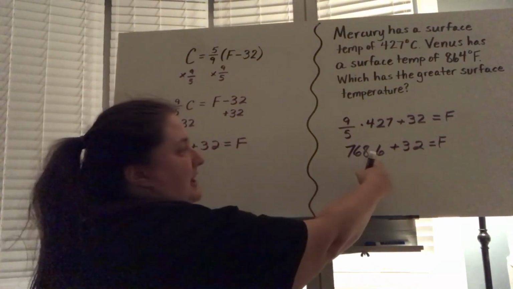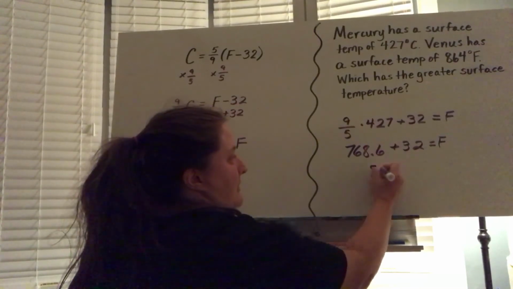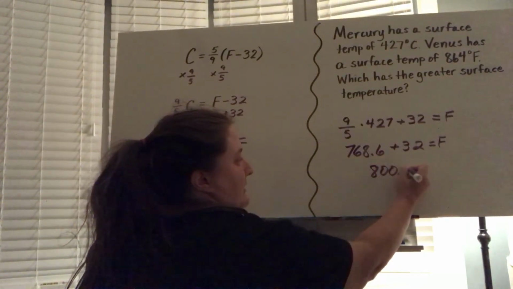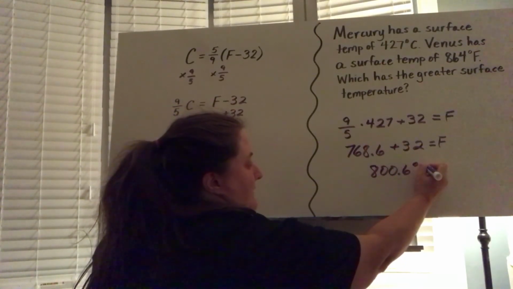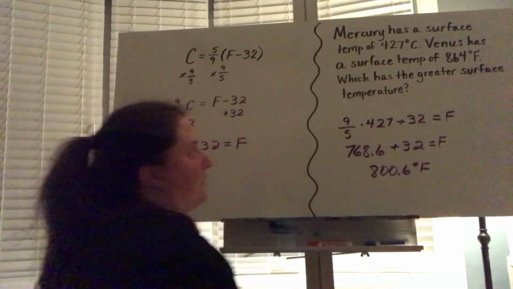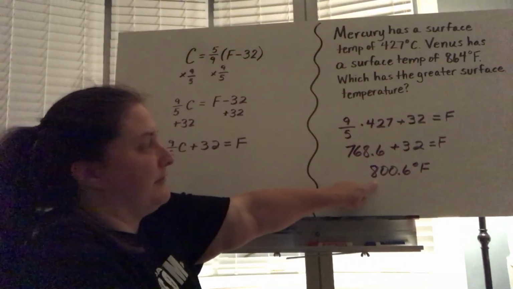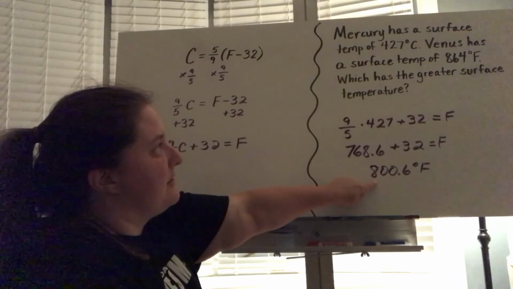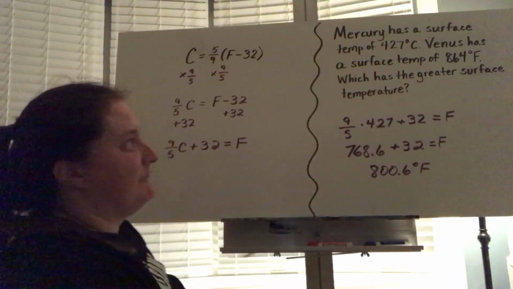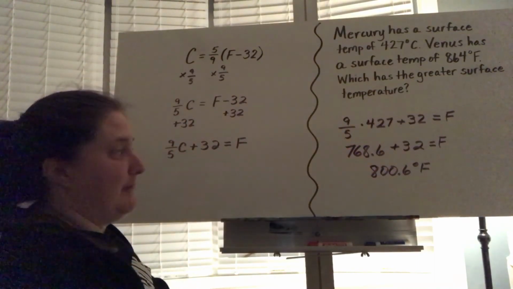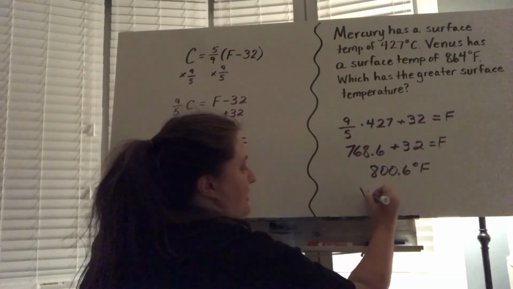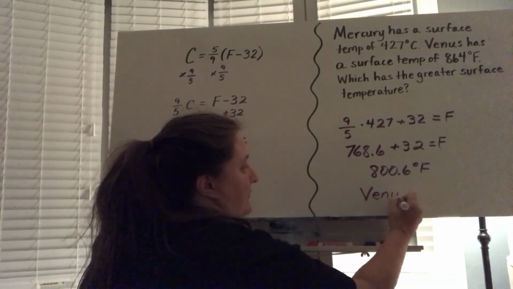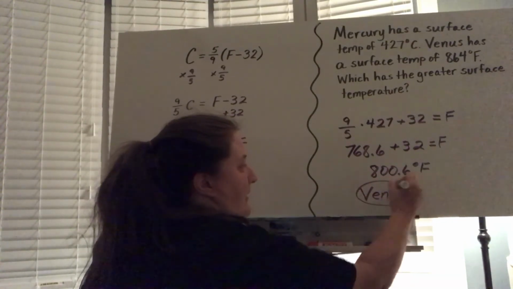And 768.6 plus 32, I'm going to be at 800.6 degrees Fahrenheit for the temperature at the surface of Mercury. If I compare this to Venus, Venus actually has the greatest surface temperature. So for my answer here, it's Venus with the greater surface temperature.